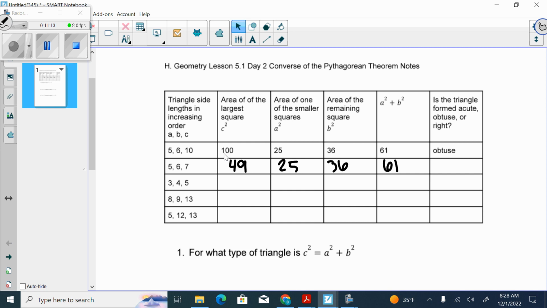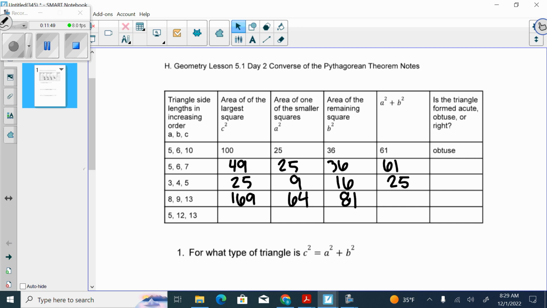All right, so on the next row, what's my C? 5. So when we square it, we get, what's A squared going to be? And B squared? So what will A squared plus B squared be? 25. All right. And then for the next row, what's my C squared going to be? 169. Good. And what's A squared? Good. And B squared?